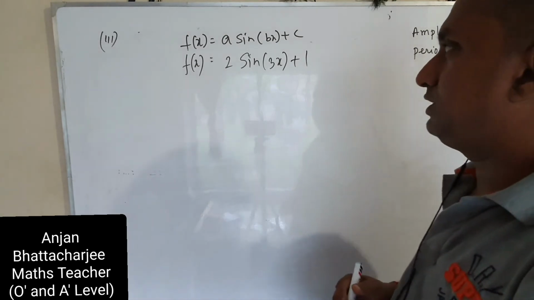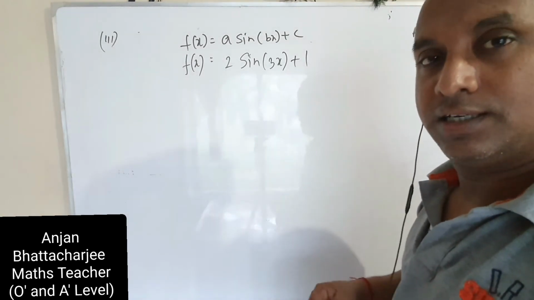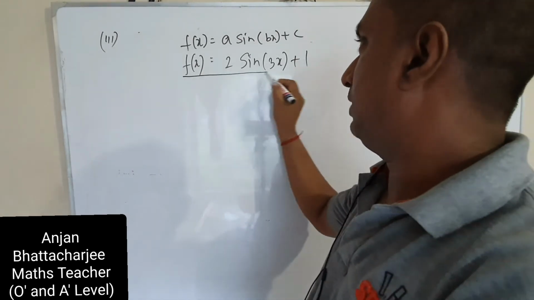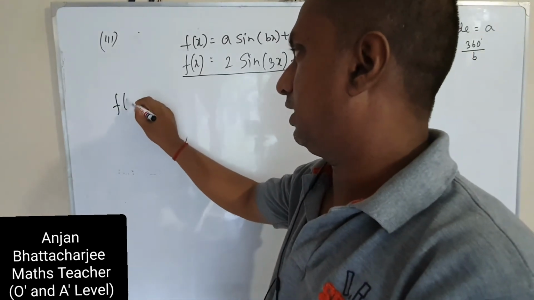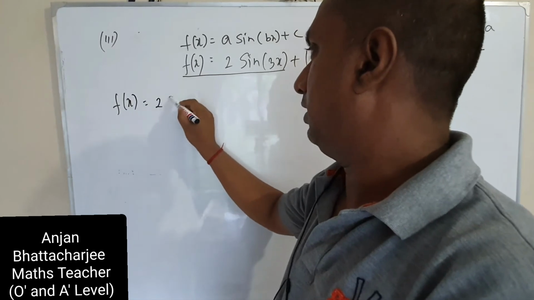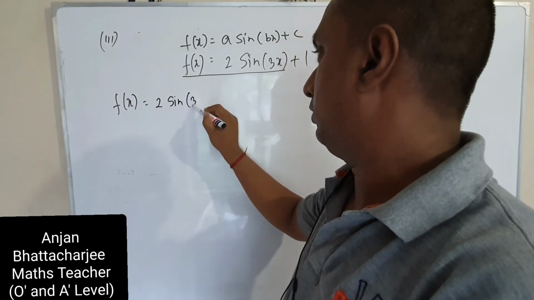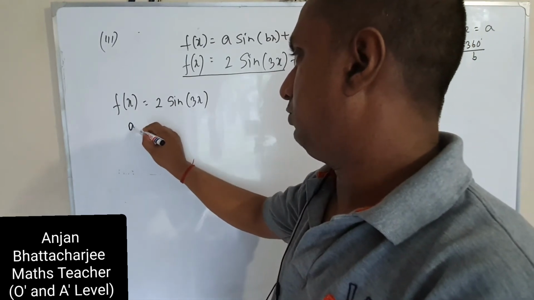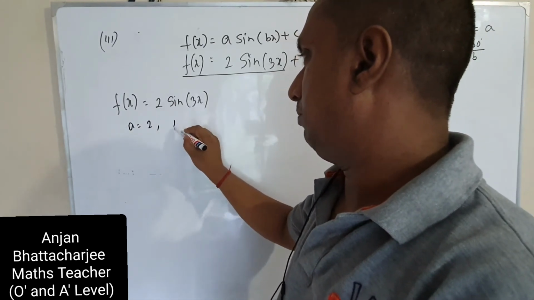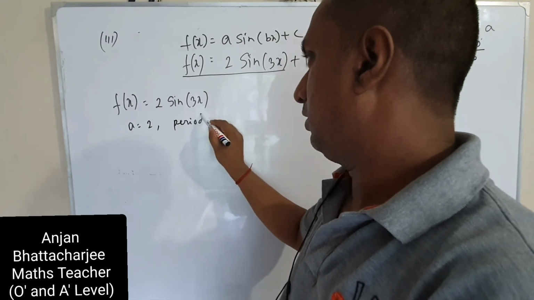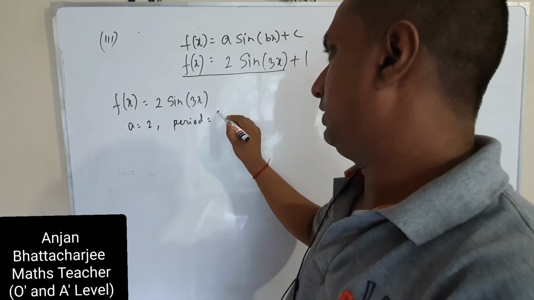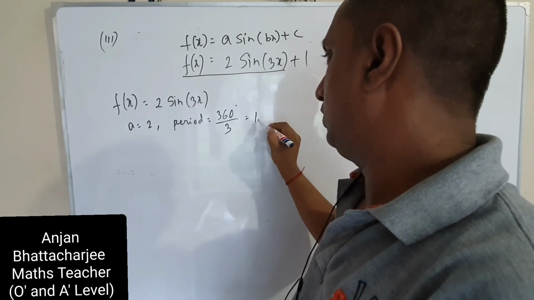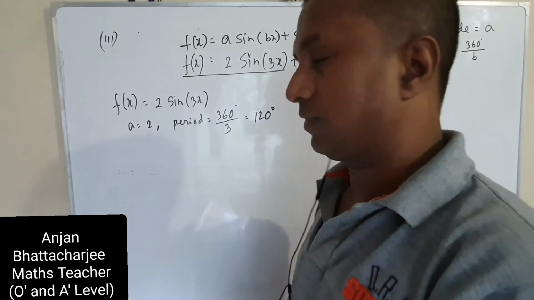Now how can we sketch this graph? First of all, let me consider this part, what we have done in the first few graphs. See here, amplitude is 2, period is 360 by 3, that is 120.